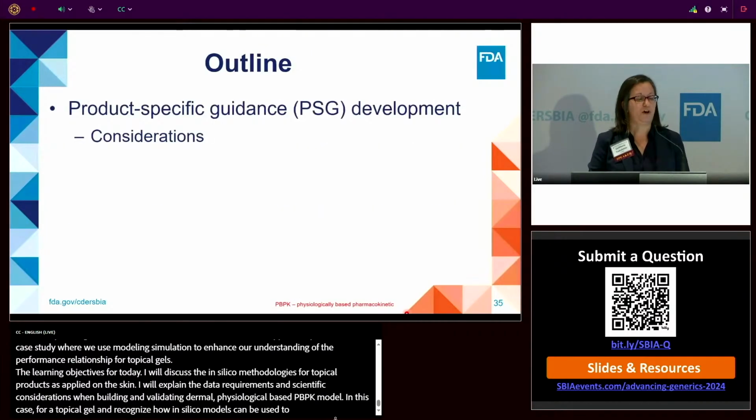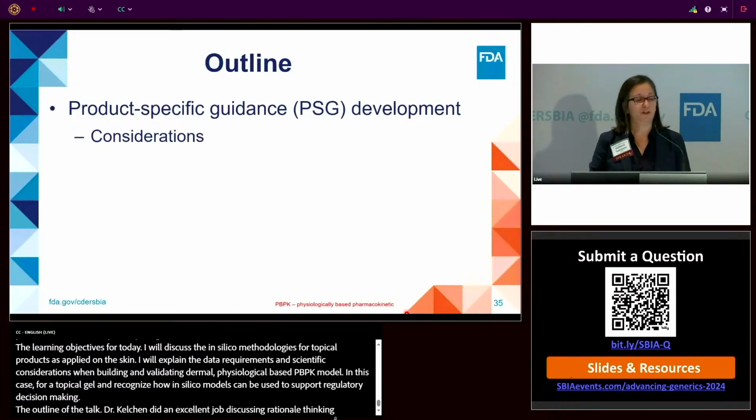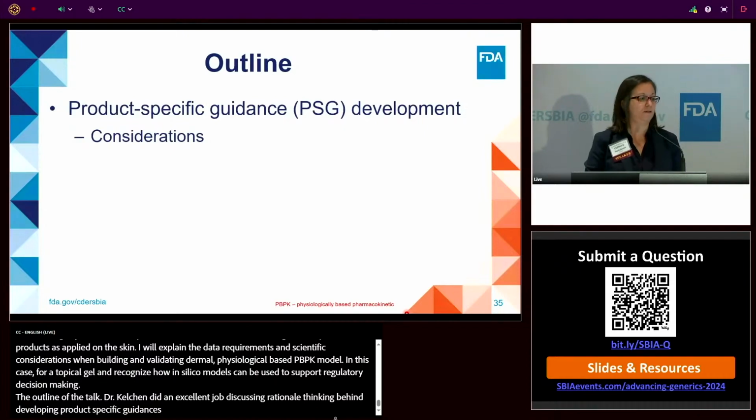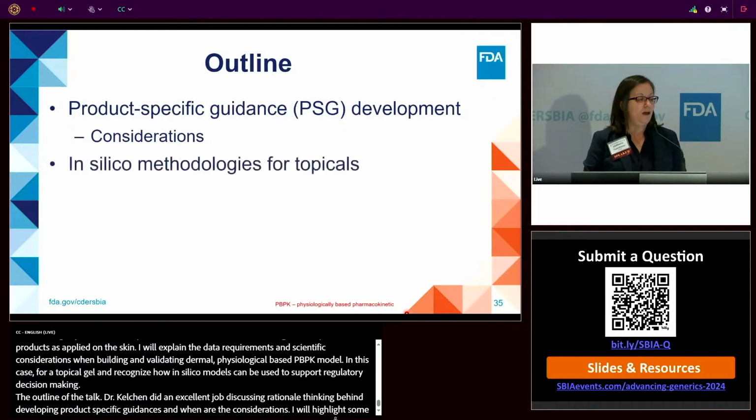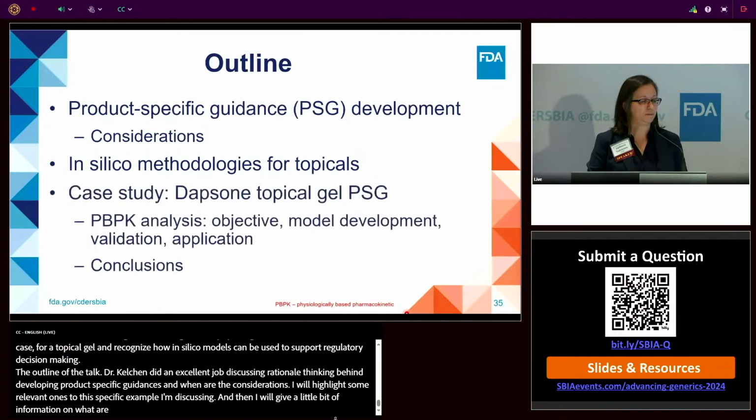The outline of the talk: Dr. Kelchen did an excellent job describing the rationale, the thinking behind developing product-specific guidances, and what the considerations are. I will just highlight some relevant ones, relevant to the specific example I'm discussing. And then I will give a little bit of information on what in silico methodologies for topical products are.